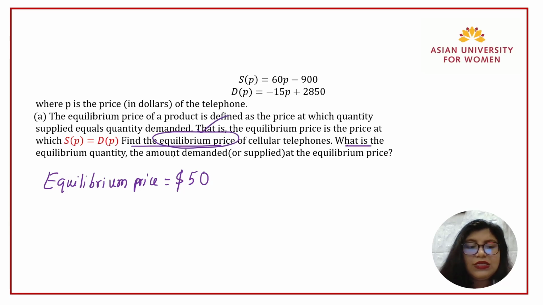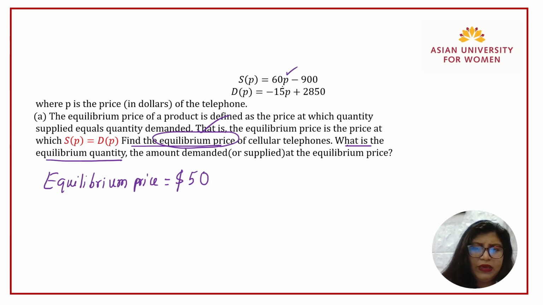And next, what is the equilibrium quantity? That means at this price, what is the quantity that the supplier is going to provide and you are willing to take, right? That is the equilibrium quantity which has been negotiated between you and the supplier. So now here you can see that we try to put the value of P here.